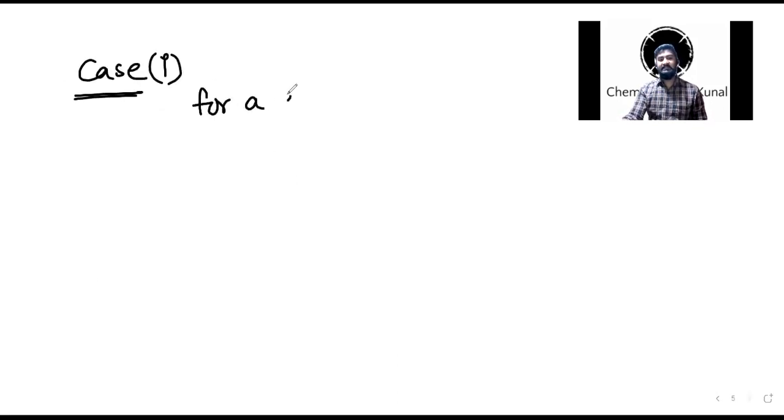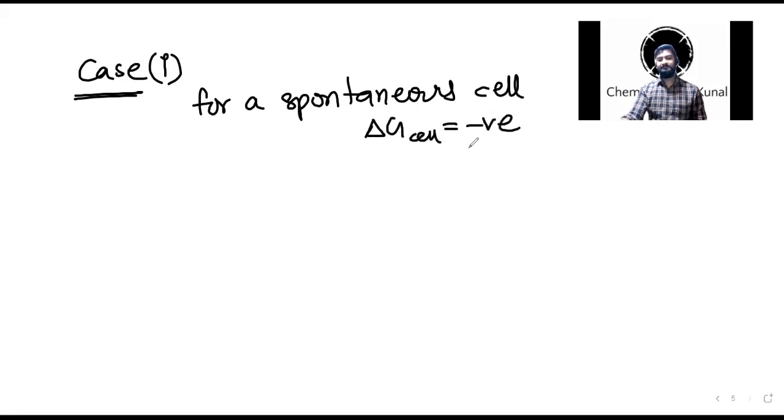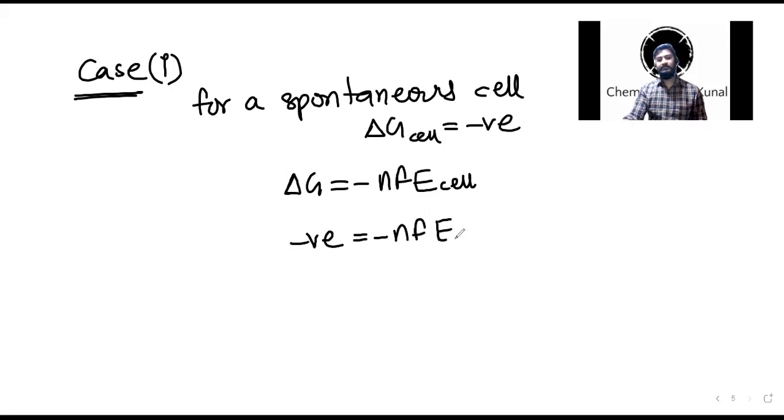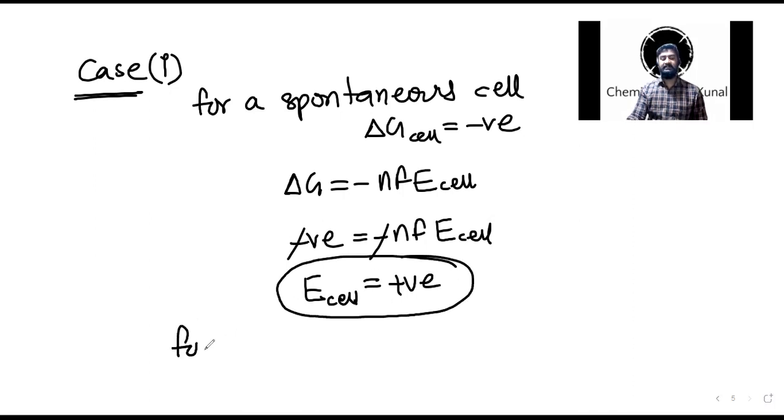For a spontaneous cell, we know that delta G of cell must be negative, right? So delta G is nothing but minus NF E naught cell or E cell. If delta G is negative, then minus NF E cell will be negative, so E cell comes out to be positive.